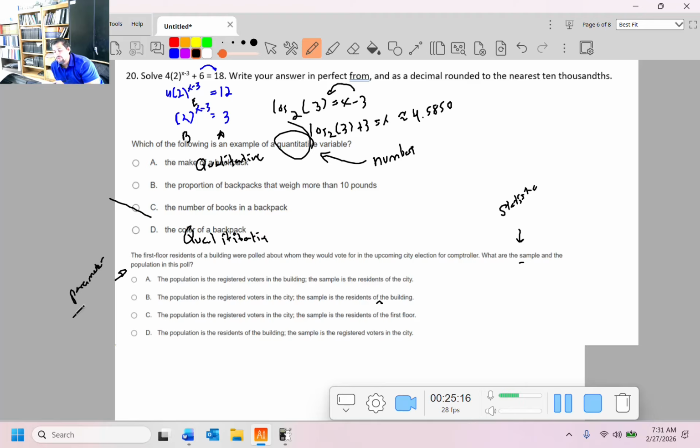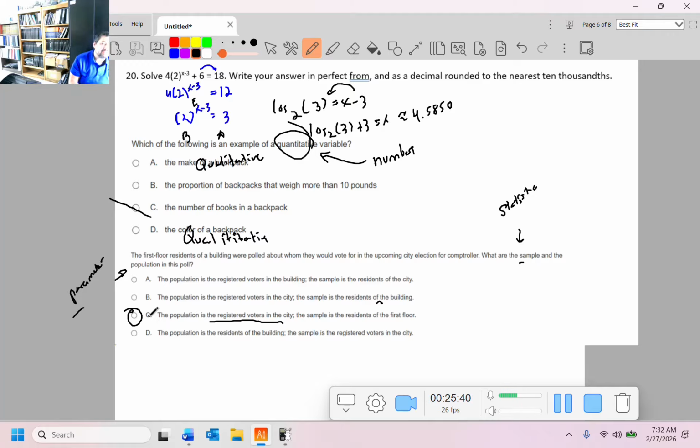Anyways, I want to know who's going on here. What is the sample? So first floor residents, who they're going to vote for in the upcoming city election for comptroller. The population is going to be everybody in the city who can vote. The sample is residents on the first floor.